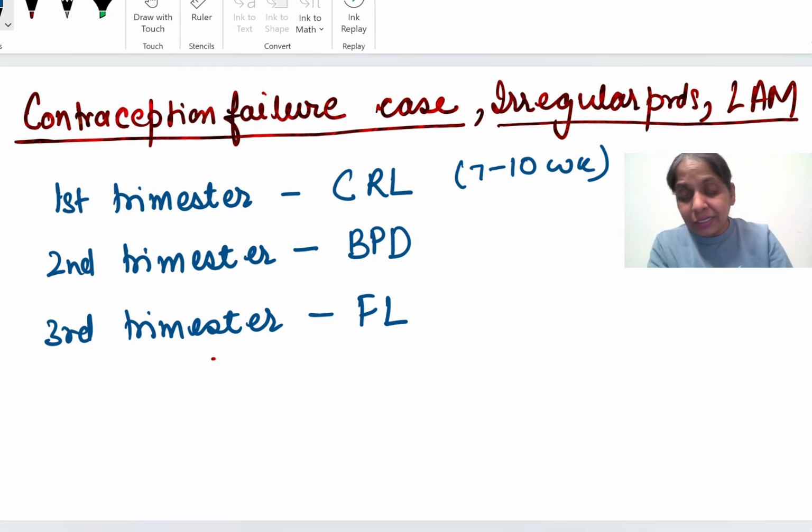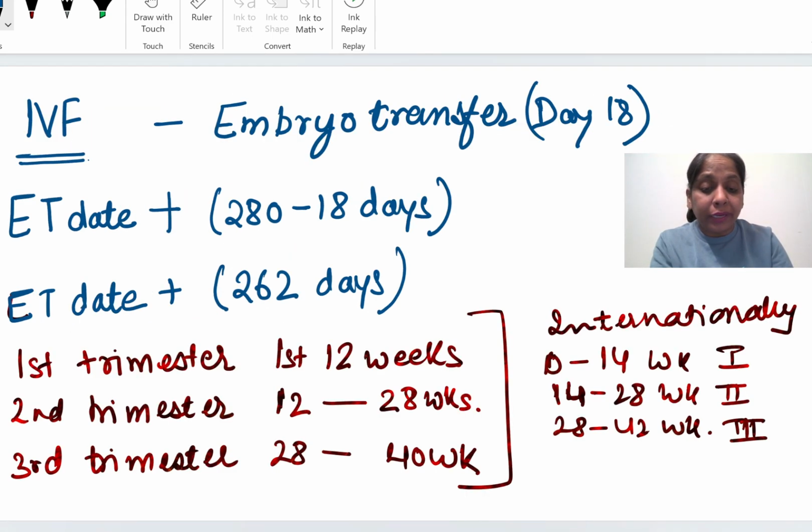Now let us see how we calculate the EDD in the case of IVF cases. In the IVF cases, on day 18 we do the embryo transfer. So here we take the patient's embryo transfer date.